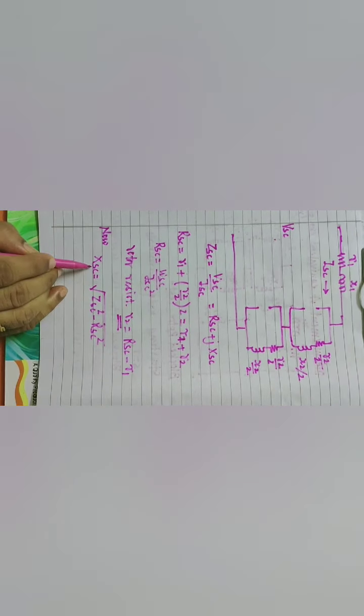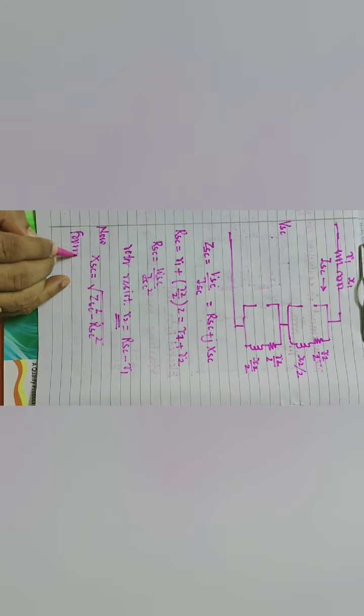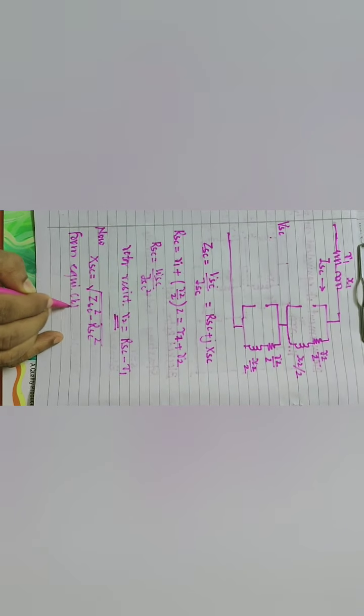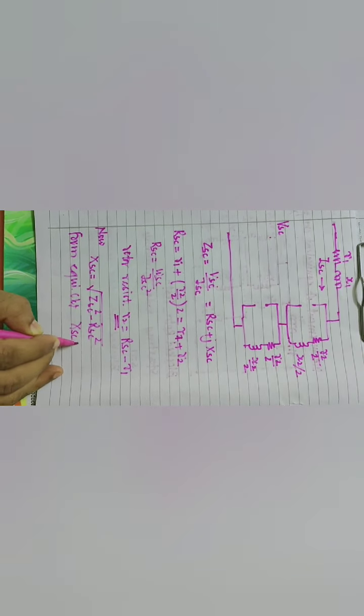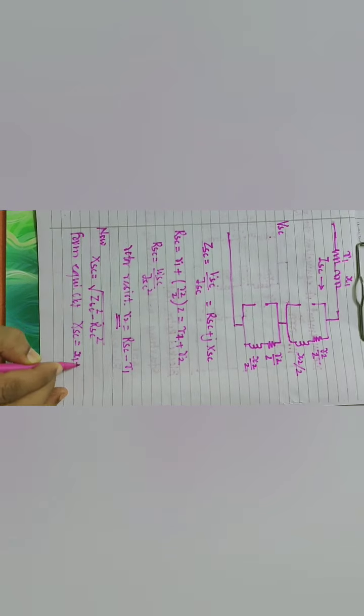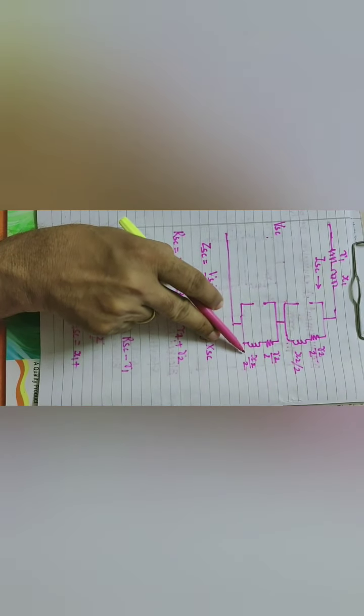Substitute here, we get XSC. But from equivalent circuit, XSC is equal to the sum of the reactances. This is X1, XSC is equal to X1 plus X2 by 2 and this is X2 by 2.